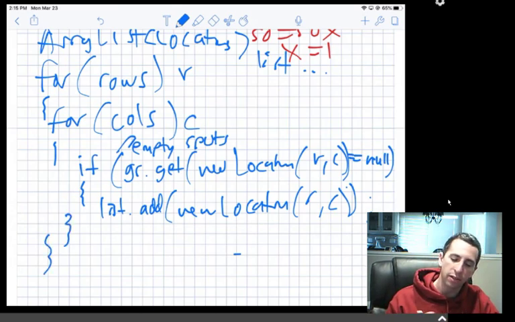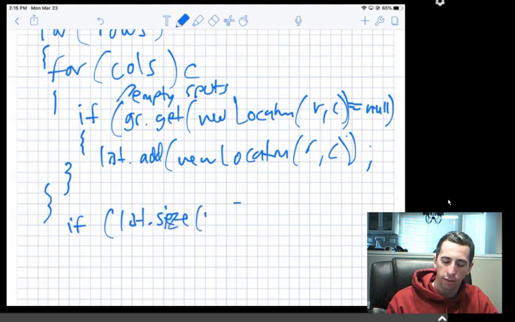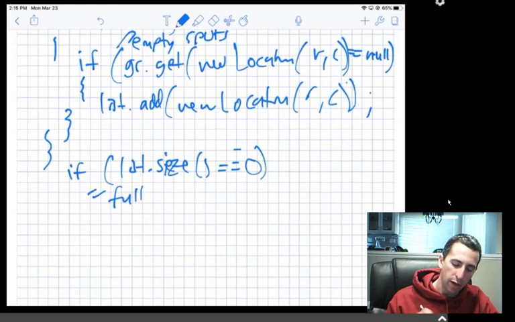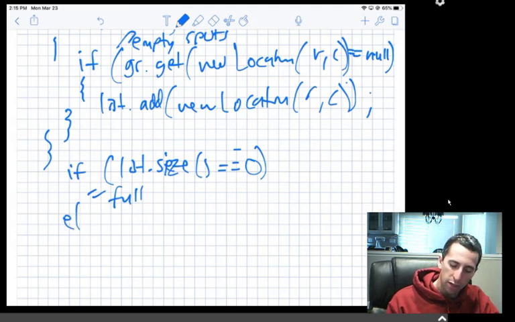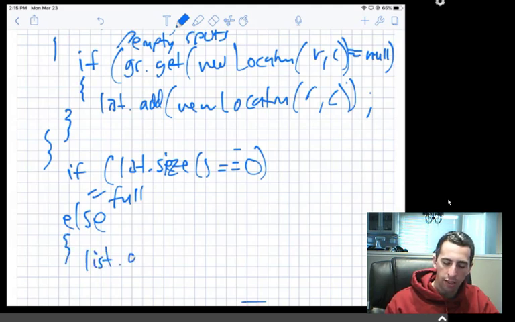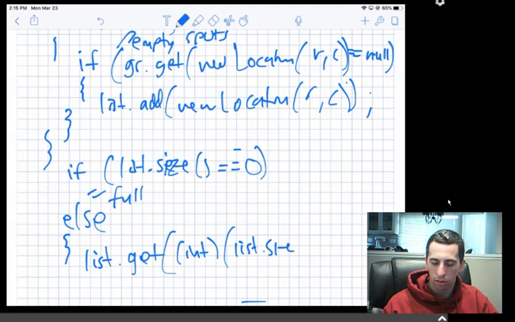Then, when you have this list of empty spots, first off, if list.size equals 0, then you know that the grid is full. Otherwise, you could just pick a random spot. The way you pick that random spot is list.get, and then cast an int and do list.size times math.random.